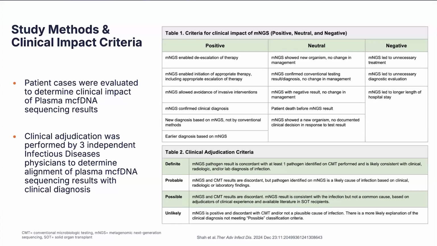If the organism detected in KT was considered unrelated to syndrome of concern, regardless of concordance with CMT or not, then it was classified as unlikely to be the cause of syndrome of concern. So for instance, you could find Staph aureus in sputum culture and Staph aureus in KT, but if you're looking for, let's say, a nodular cavity infiltrate, and both of these were considered unlikely cause of that, they will be unlikely despite concordance or lack thereof.